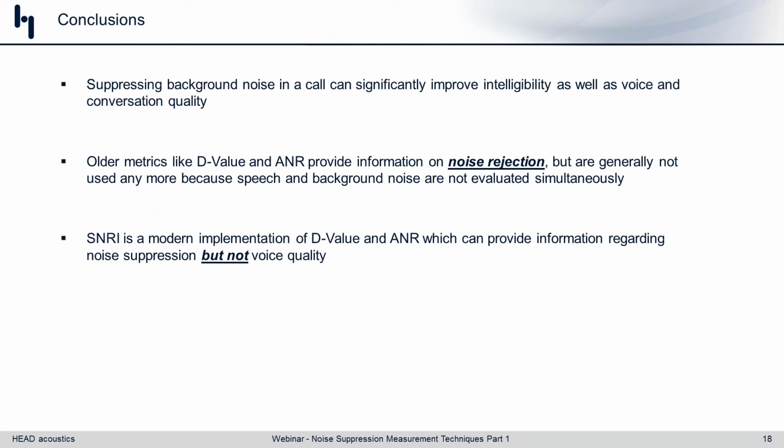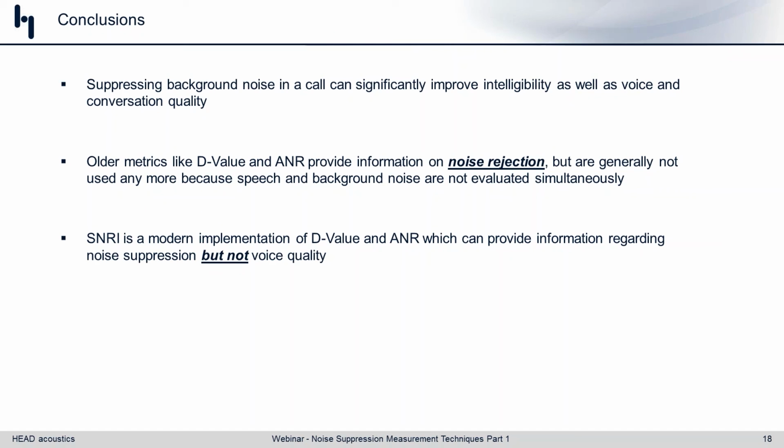So let's wrap this up. The messages that we wanted to leave you with today was that noise suppression usually means that we have lower noise and better signal to noise ratio. We want noise suppression.